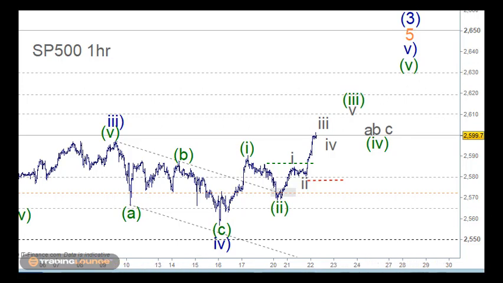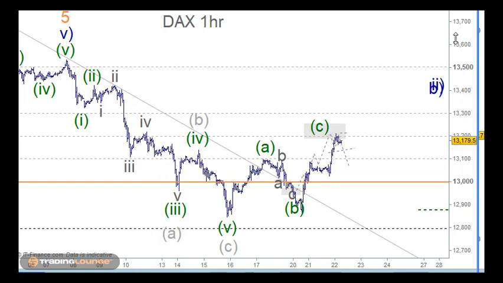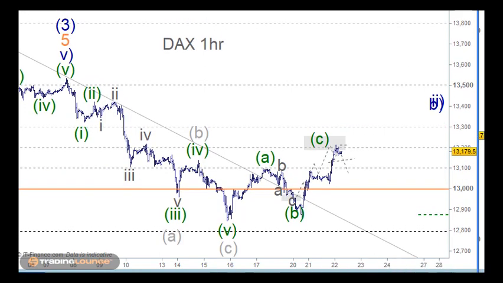And for the DAX, for instance, we're looking for the wave 3 already being in as a high here, and looking at this down here as 5 waves. It counts nicely as 1 and 2, then 1, 2, 3 and 4, and then down for 5, then 4 and 5.